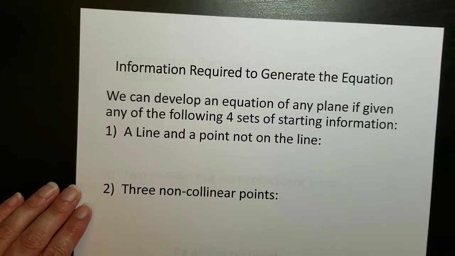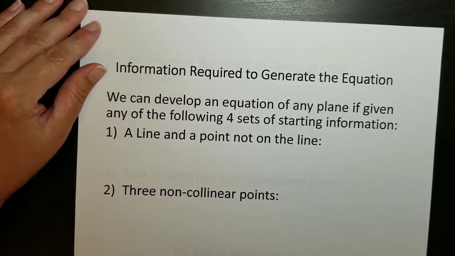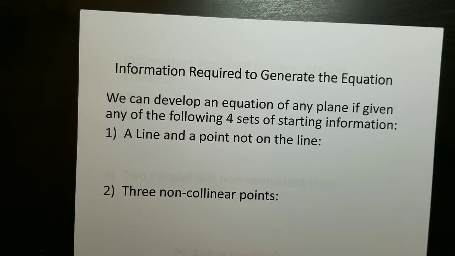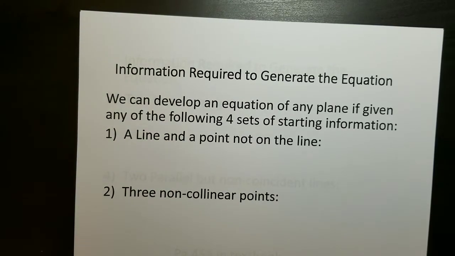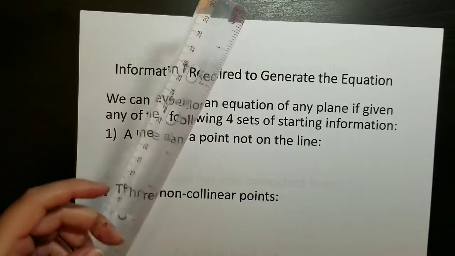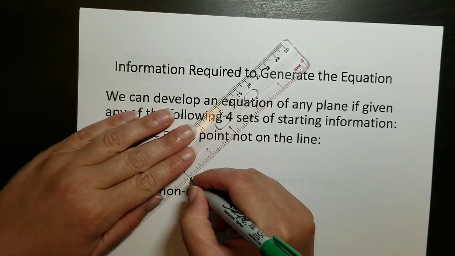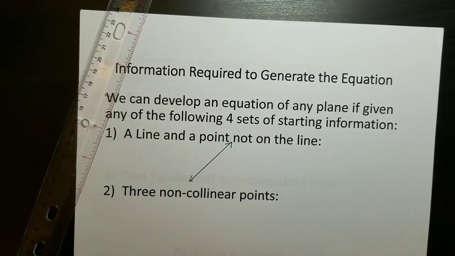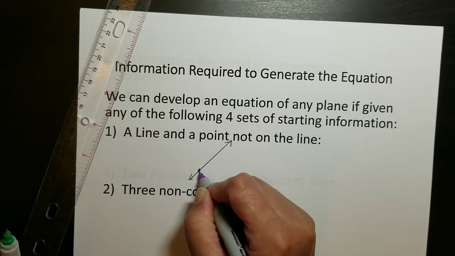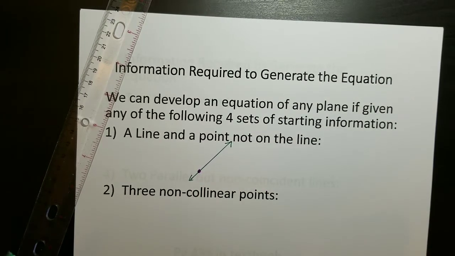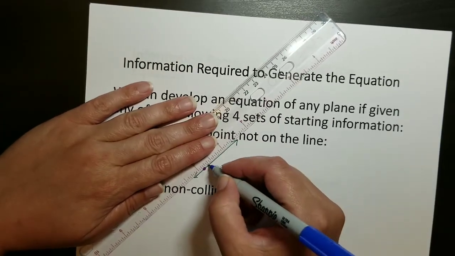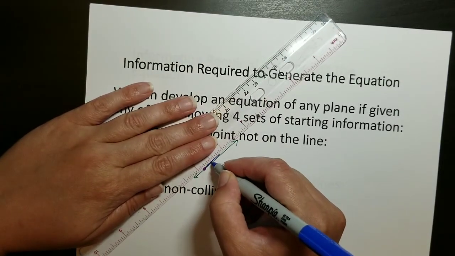Now, in general, we can come up with the equation for a plane given different information. Say we have a line and a point that's not on the line. Let's draw that out. We've got a line, and we have a position and a direction vector on the line.